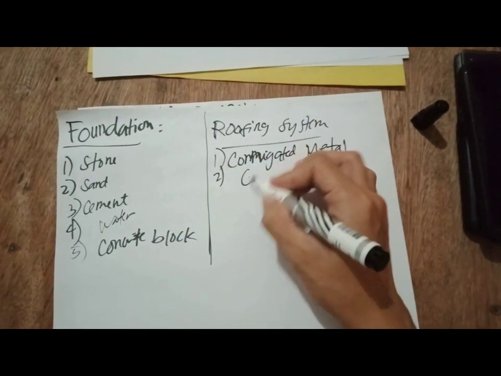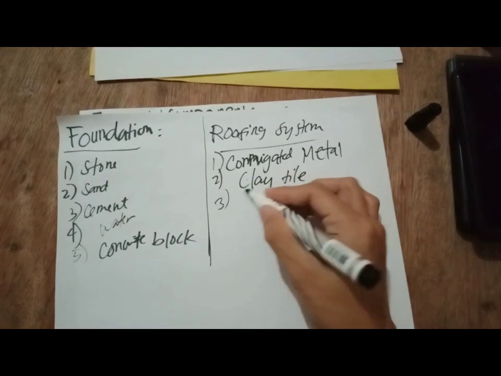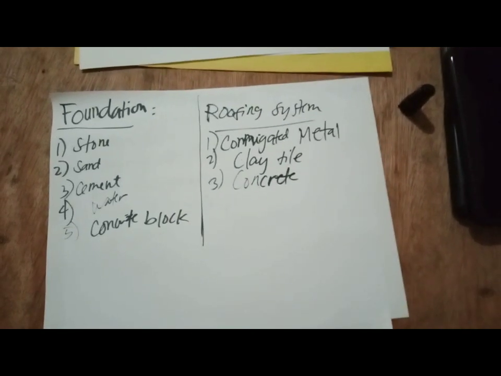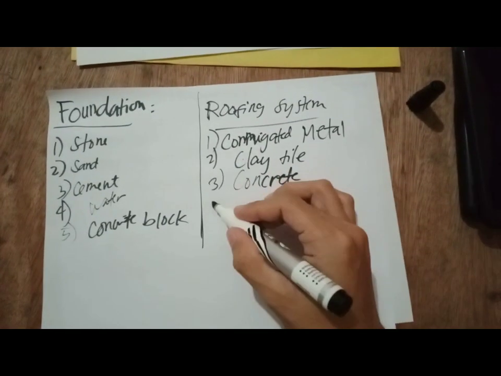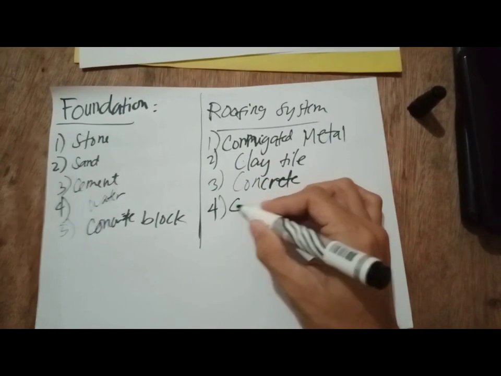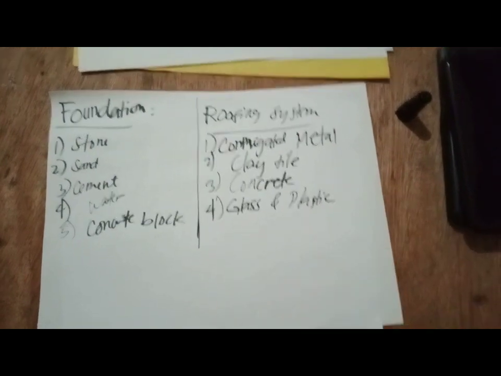We have also the clay tiles. Number 3, concrete. For the modern design today, concrete is already used as a roofing material. And number 4, there are some that use glass and plastic, a combination of these two.